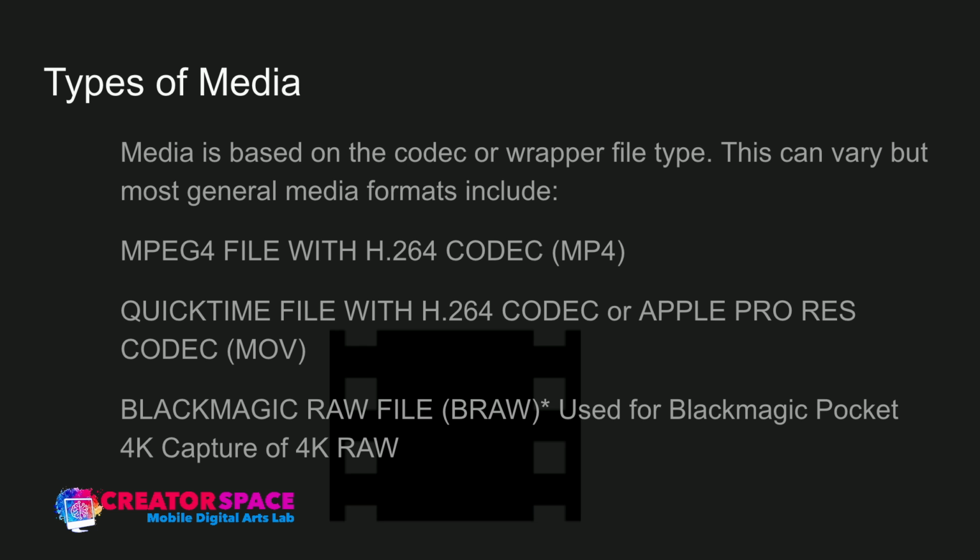Now, QuickTime files generally are now more used on Mac systems. With Windows, there isn't a new QuickTime update, so a lot of people won't use QuickTime because of potential security issues on a Windows computer. So QuickTime player won't be able to be installed, and that can be an issue.